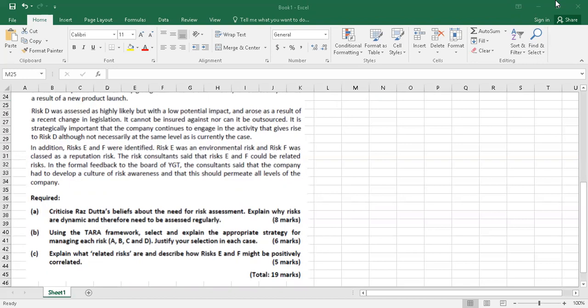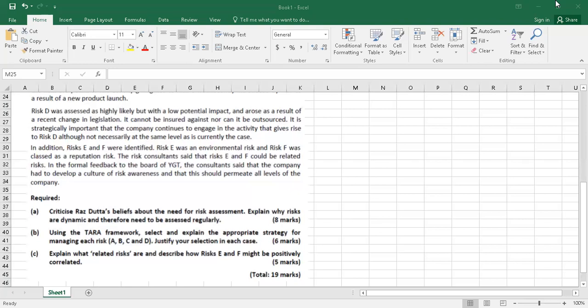So out of 19, almost 50% of the marks are allotted. 8 marks are allotted, roughly about 40% of the marks, to one question. We are asked to criticize Raj Datta's belief about the need for risk assessment. So do you agree that it should be a risk assessment? The question is addressed as criticize.